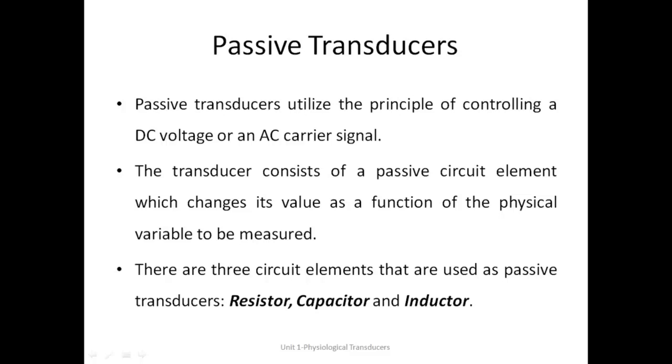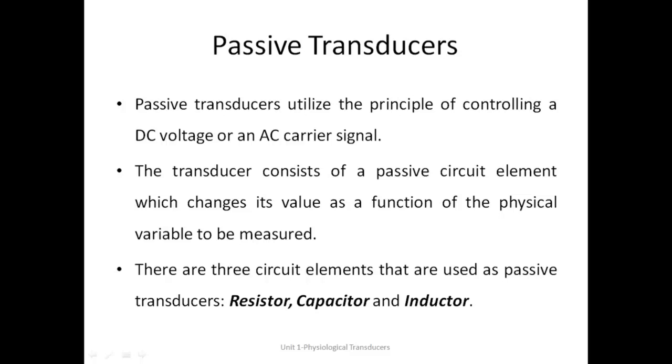Okay, so now the idea of designing a passive transducer is that we need to design a circuit which already has some voltage and current flowing through it. It consists of passive elements, that is resistor, capacitor, or inductor, and these capacitors, resistors, or inductors, whatever we are using in the circuit, are actually sensitive towards that particular physical parameter which we want to measure.